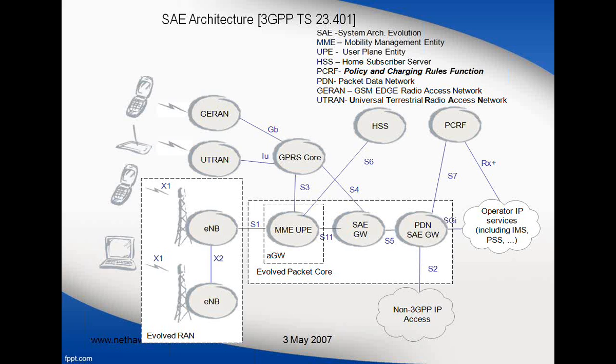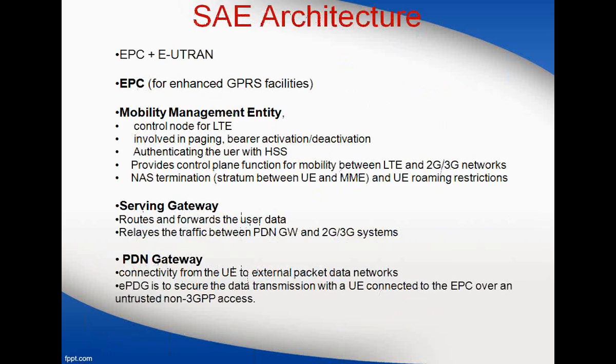When I say outside world, it could be a 2G network, a 2.5G, or a 3G network. So to have this MME and PDN working, we need a gateway. This gateway takes care of the traffic between the PDN gateway and the outer world. Then what is the PDN gateway?